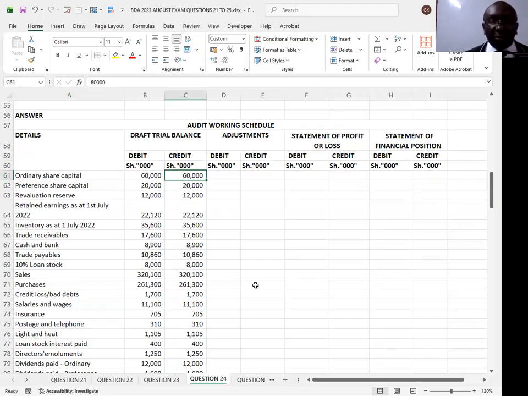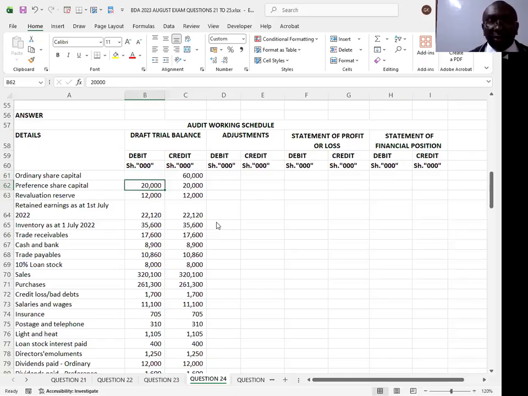So ordinary share capital, debit or credit? You can be writing C for credit and D for debit. Ordinary share capital, credit or debit? Yeah, I can see that is credit. So we delete this one.